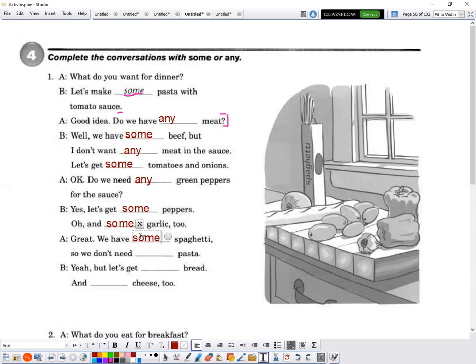So we don't need pasta. Why any? Negative. Not. Yes. Next. But let's get bread. Some, because affirmative. And cheese.